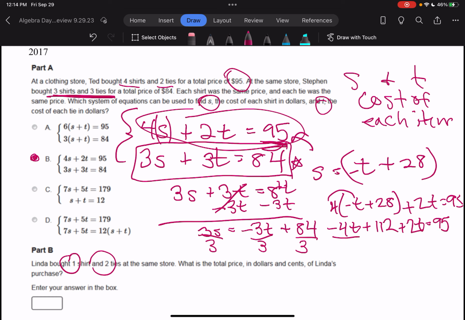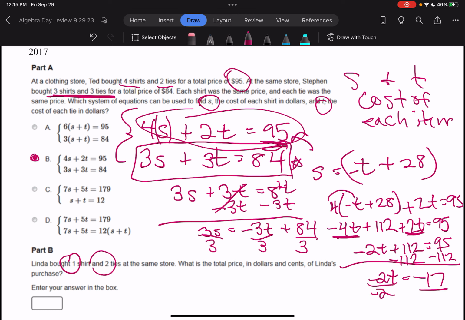So now I can combine negative 4T and 2T, which is negative 2T, plus 112 equals 95. Subtract 112 from both sides, and I get negative 2T equals 95 minus 112, which is going to be negative 17.